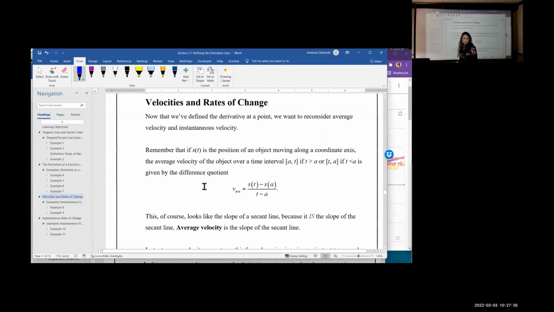So let's talk briefly about velocities and rates of change and why we take a look at all these. Remember that the average velocity is given by the change in distance over the change in time.